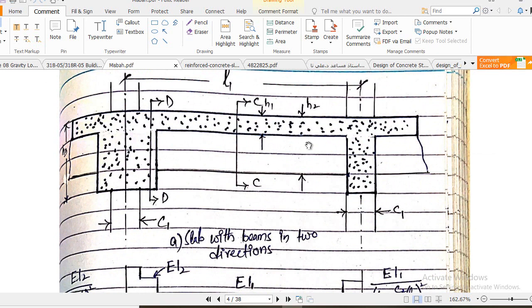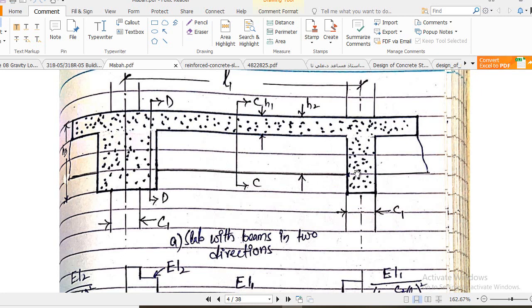Here you see the section when we have a beam slab system. Basically the equivalent frame method is very useful for a beam slab system, when the approximate coefficient method is not applicable. You see here the section at CC, the section at DD. This is the depth of the beam.